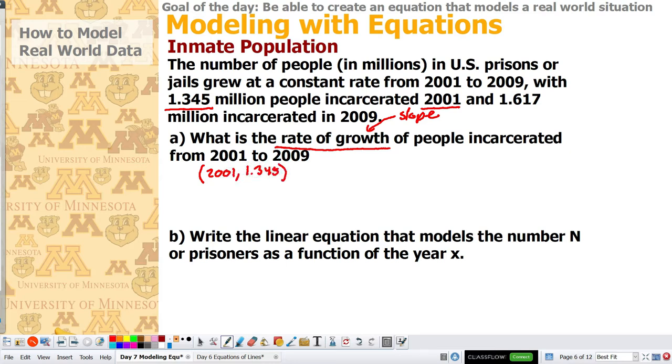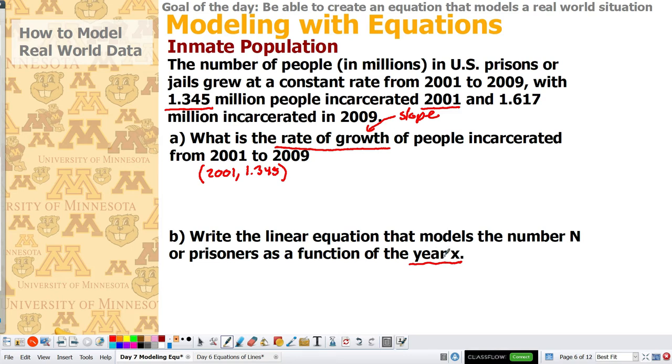Now, which one goes where? Normally, most often if there's a time or a year, that's almost always your x value. We almost always put the time in the x position. And if you look down here, it tells you year, they want years to be x. So that's another way I can figure it out.